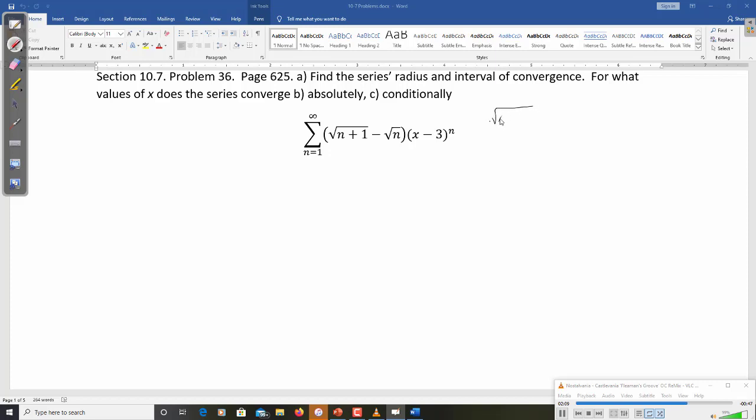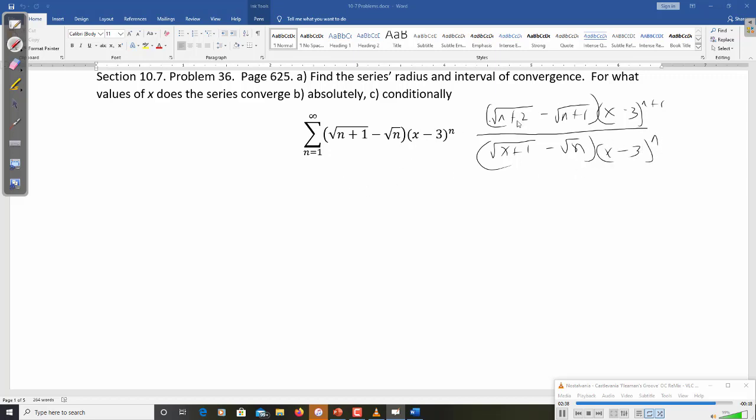That'll be square root of n plus 2 minus square root of n plus 1, times x minus 3 to the n plus 1, over square root n plus 1 minus square root n, times x minus 3.